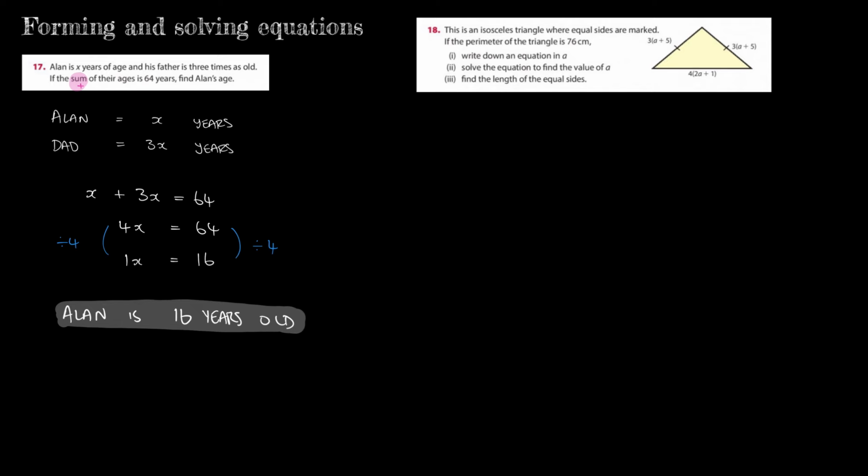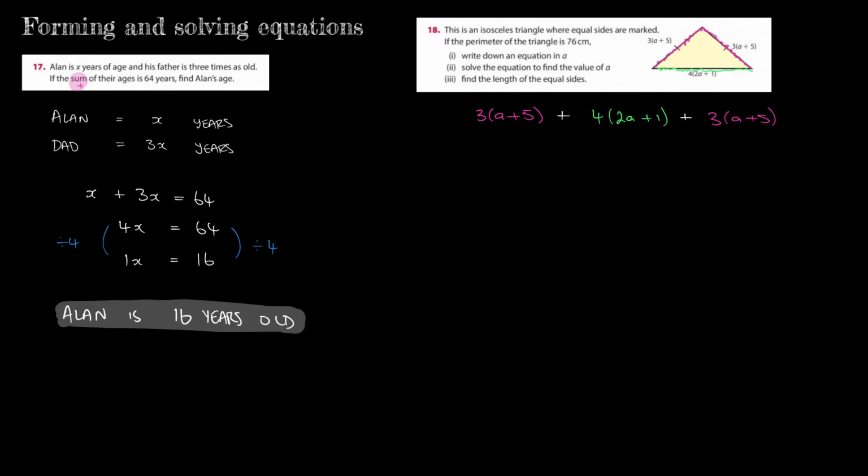The perimeter is the length the whole way around. So if I started here, I'd have to add this length, which is 3 times A plus 5, add this length, and add this length. So let's do that. 3 times (A plus 5), plus 4 times (2A plus 1), plus 3 times (A plus 5).